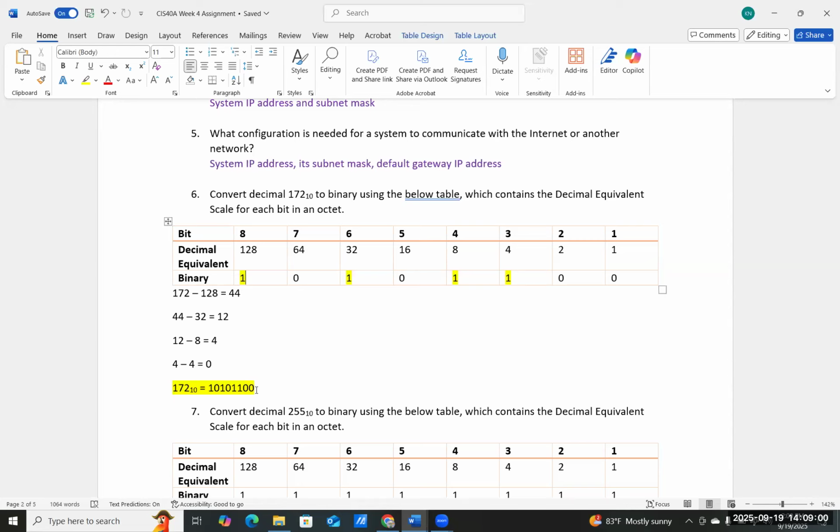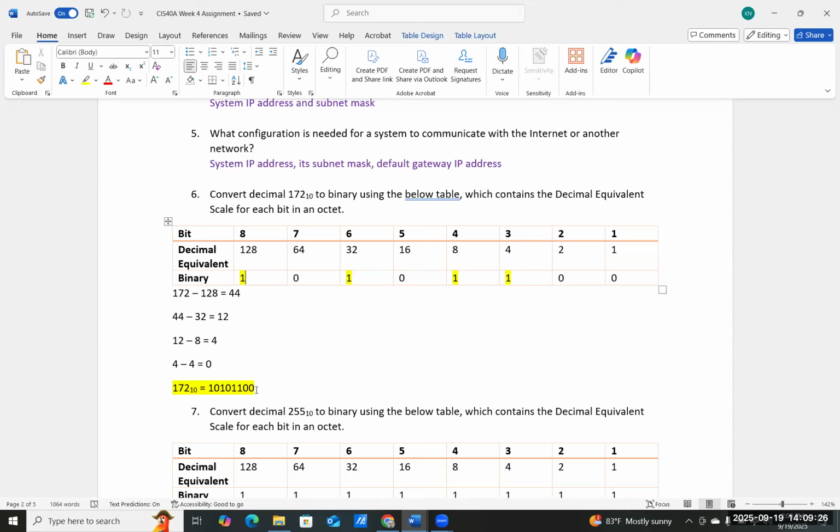And then I take the 12 and I go down to the next bit because I cannot subtract 16. So I put a 0 there. I look at the value in equivalence. That's an 8. So 12, yes, I can minus 8. So 12 subtract 8, right? I have a 4 left. So if I can subtract it, I put a 1.